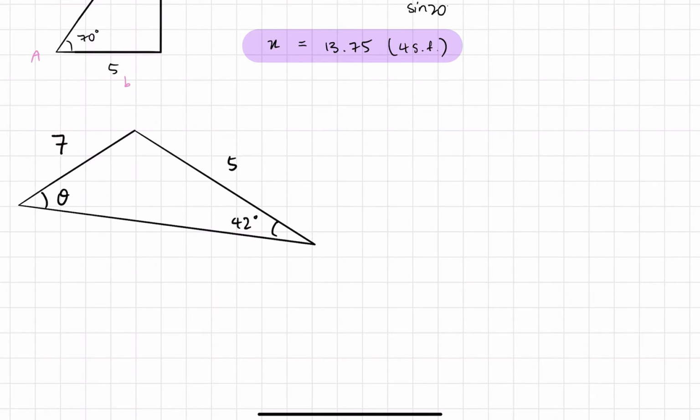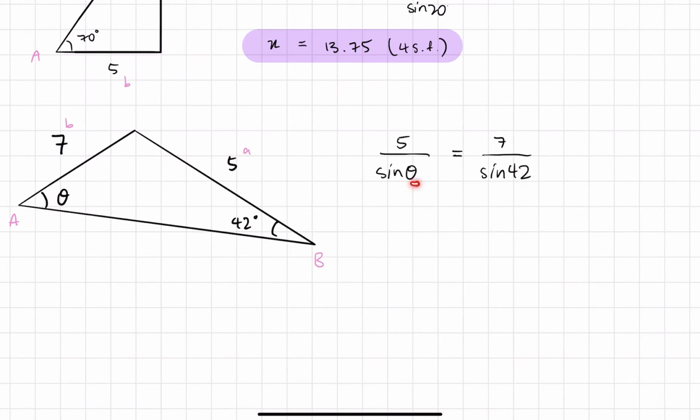I'll write these markers to help you guys: that's a, the opposite one is capital A, b, and capital B. So we can say 5 over sine theta is equal to 7 over sine 42.